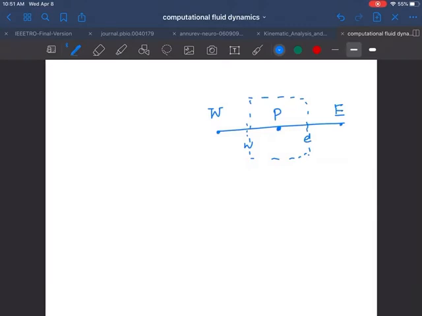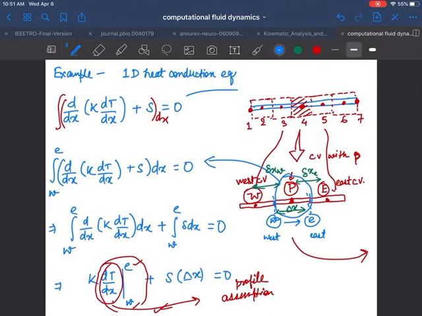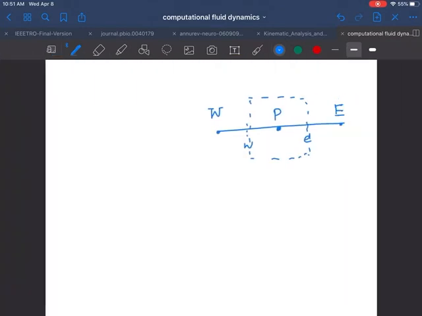So what we need to do here is the profile assumption for dT by dx, I mean the slope of this function at the east and west faces, so here and here. So what are the options we have?